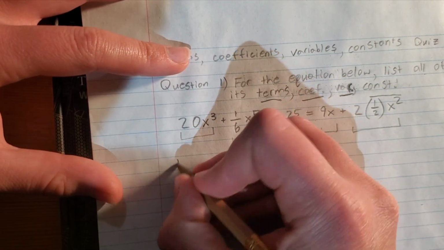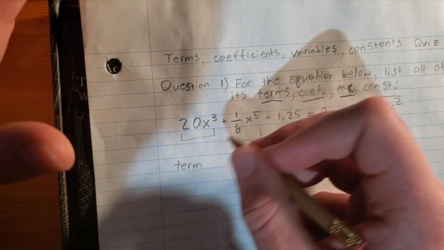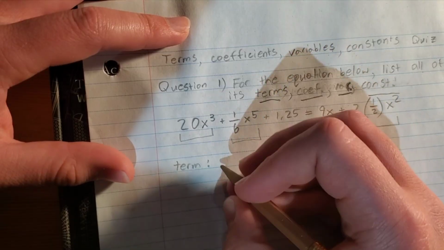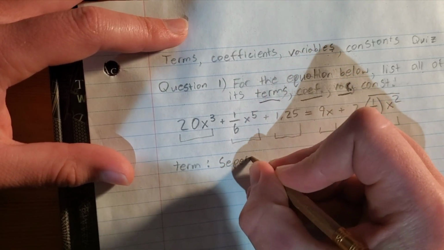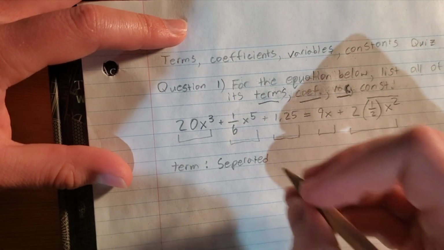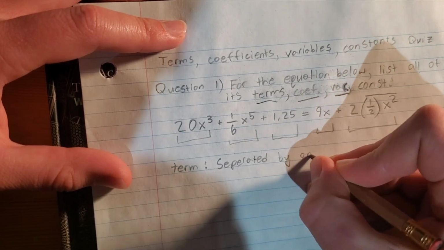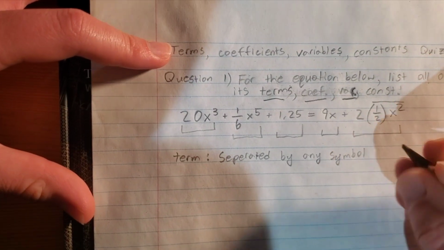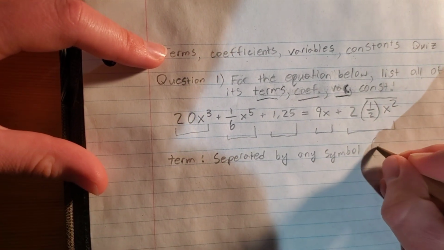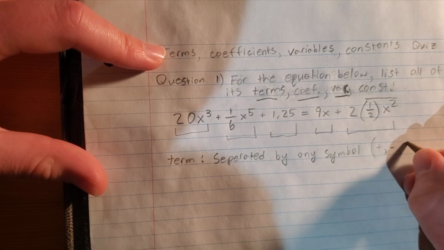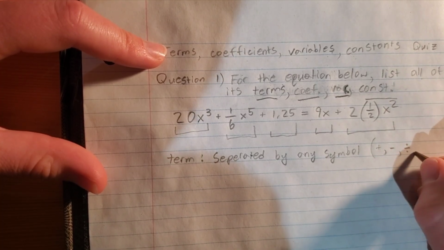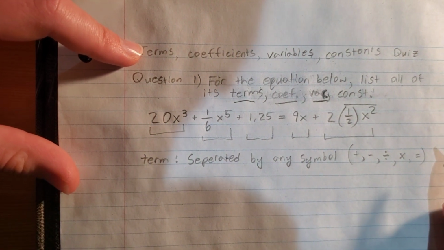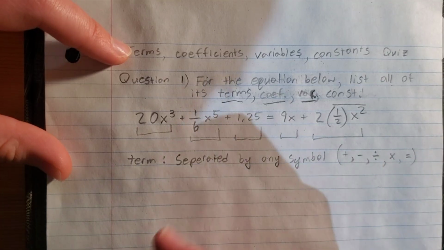Let's write it down quickly: a term is separated by any symbol. I say separated, because divided could be a mathematical operation. So in brackets, I'll put plus, minus, divide, or multiply, or equals. That also separates the terms.